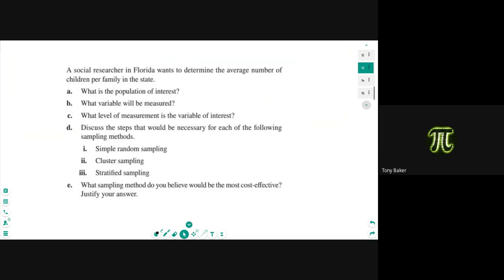School districts probably would be the best way to go. I actually kind of like that way. You might miss some, but even if you're homeschooled, you're still in a school district. So when I'm looking at school districts, that gives me the area I'm going to look at. Now, how would I change it for stratified sampling?